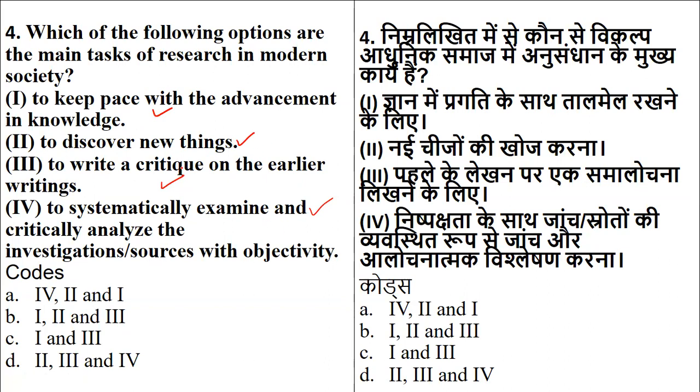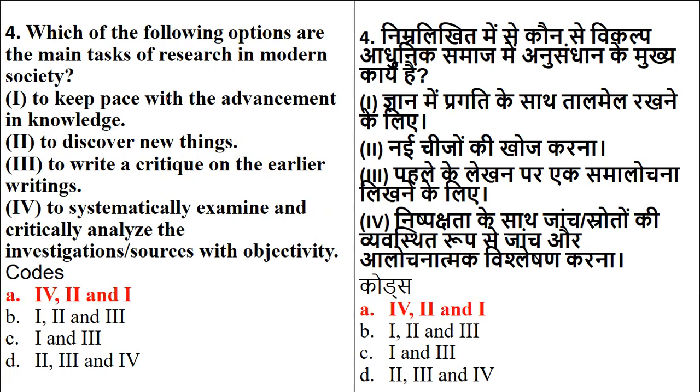So what comes under research with respect to modern society? Advancement, discovery of new things, critique, systematic examination, or objectivity? Out of the four options, which option comes as the latest, the tech modern society? From the given options, the one which comes under modern society is something called what?